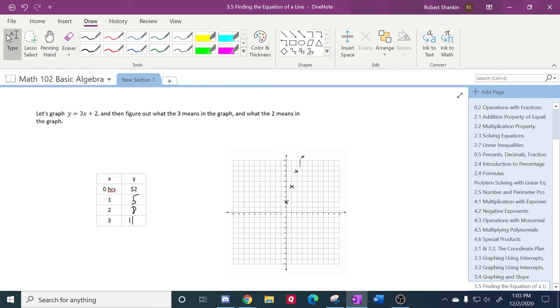Okay, group 4. What does the 2 right here, what does that mean in the graph? I think we said the 2 is the run. Is the 2 the run? Now if you move from one point to another point, I think we only run 1.